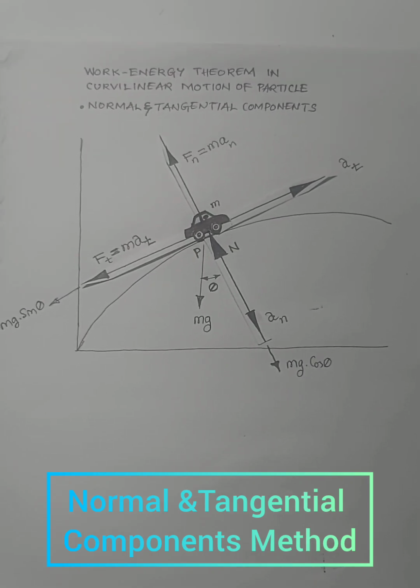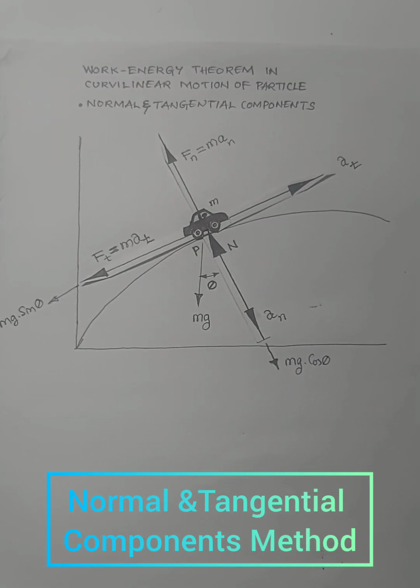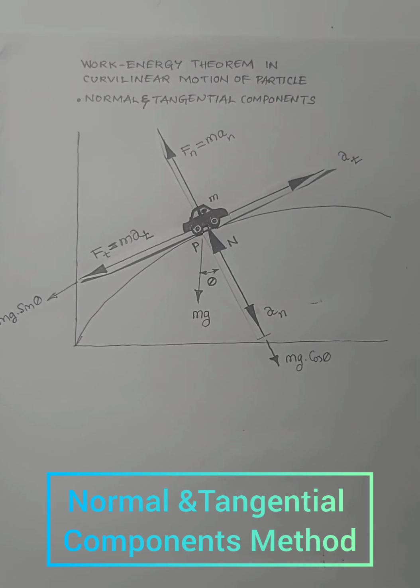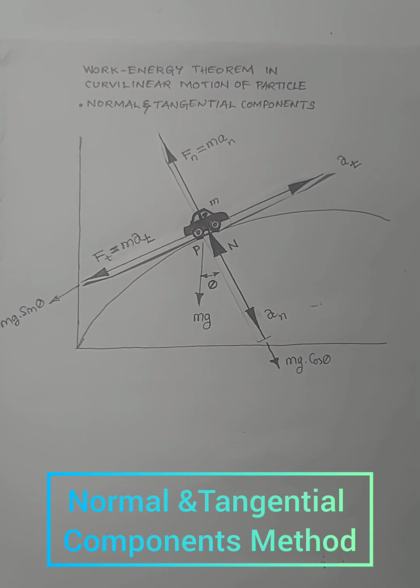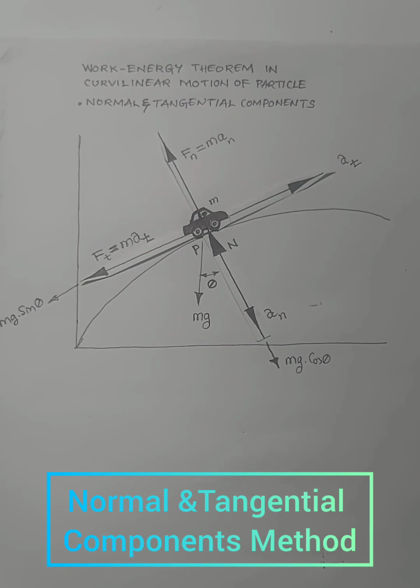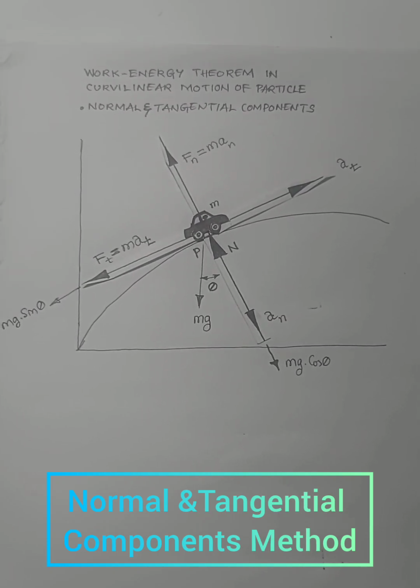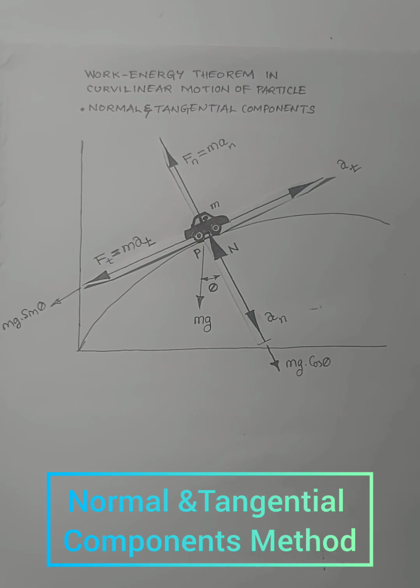At the same point, normal acceleration takes place towards the center of curvature. Opposite to normal acceleration, centrifugal force will be generated, exactly equal to Fn equal to man.